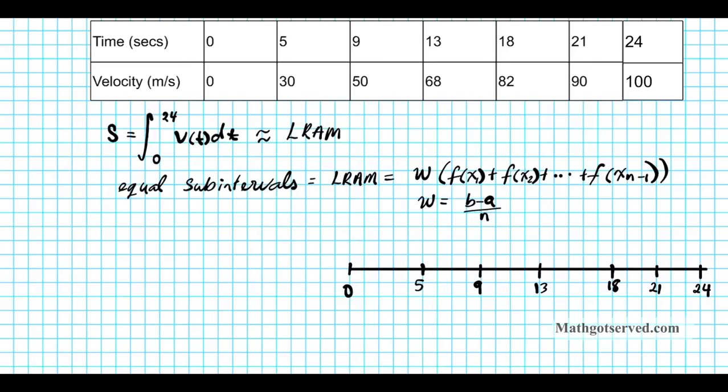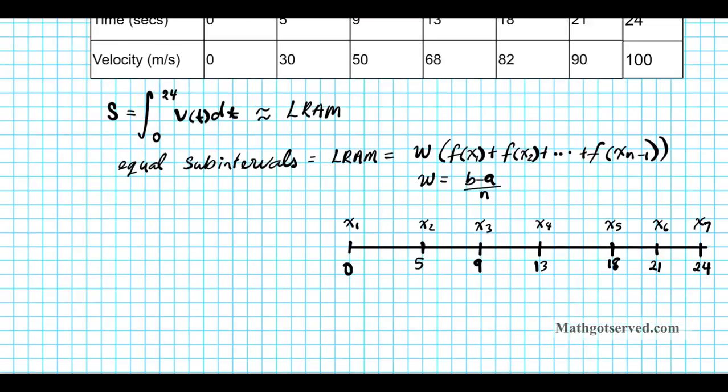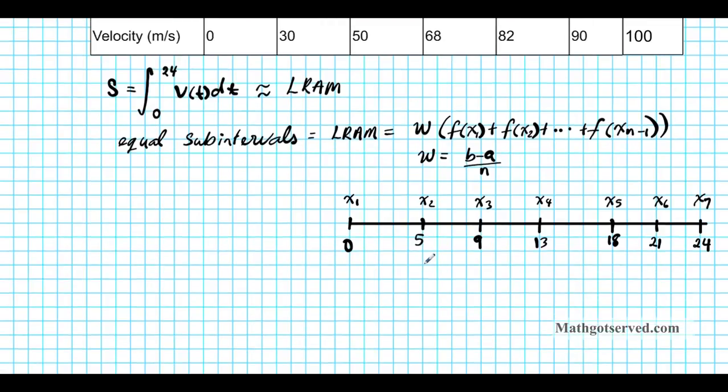This is x1, x2, x3, x4, x5, x6, and x7. For your left rectangular approximation, you're going to pick all the points to the left of the right endpoint. So we're going to neglect x7 here. Let's go ahead and find out what our widths are.